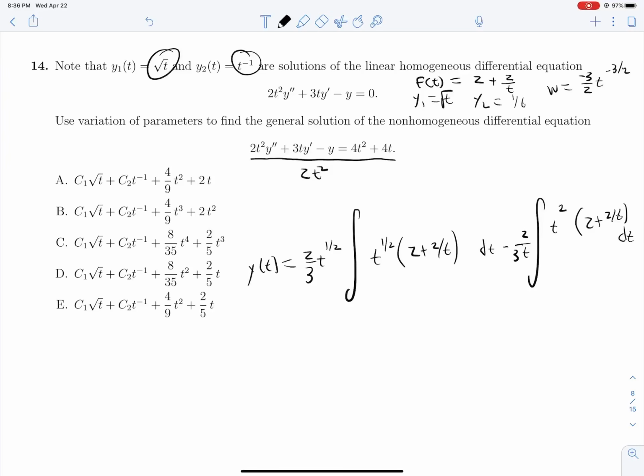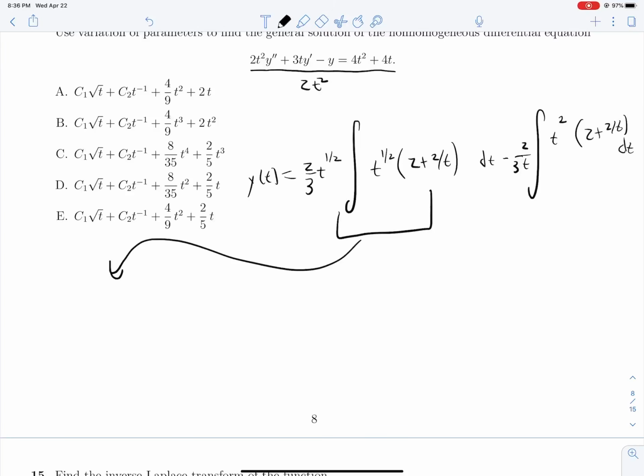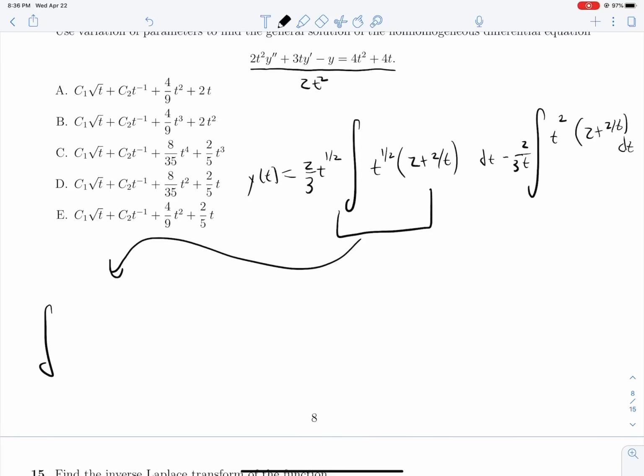To make sure I don't mess up anything now, I am going to take these integrals individually down here and deal with them. So we have the integral of 2 t to the 1/2 and then 2t to the negative 1 times t to the 1/2, so plus 2t to the negative 1/2 dt.